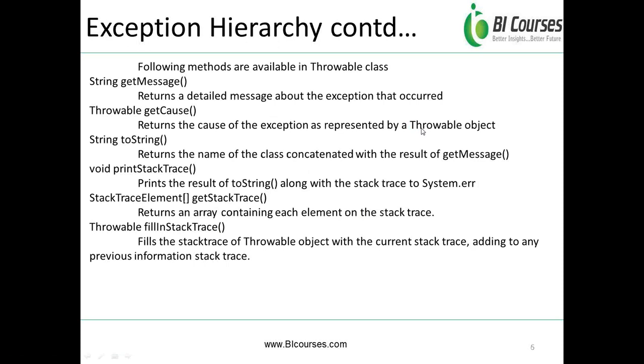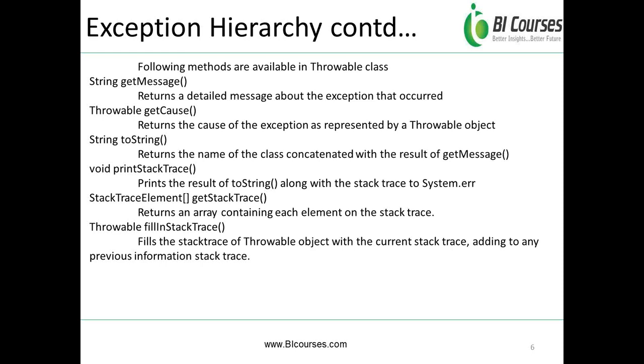There are various methods available in these exception classes, like getMessage, which has a return type of String and returns a detailed message about the exception that occurred. We have the getCause method, with return type Throwable, which returns the cause of the exception represented by a Throwable object.